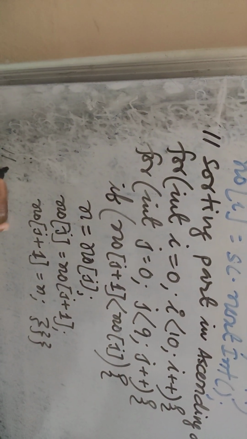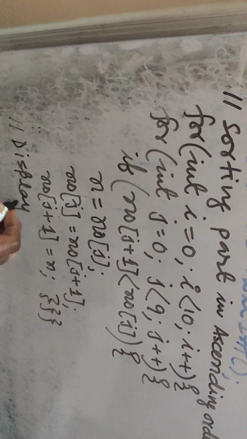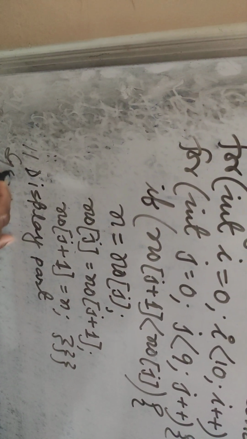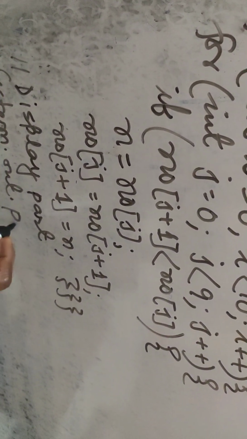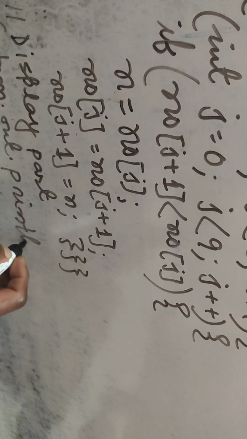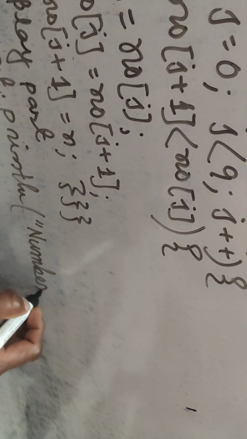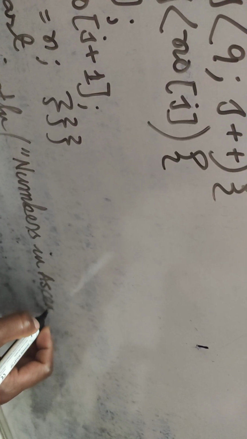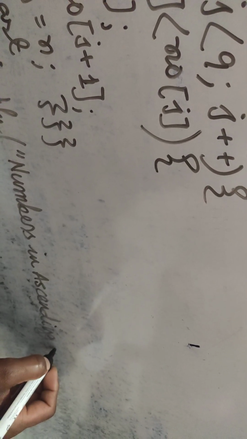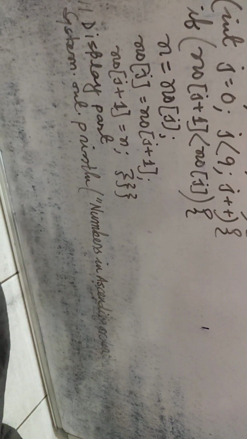Now the display part. System.out.println, numbers in ascending order.